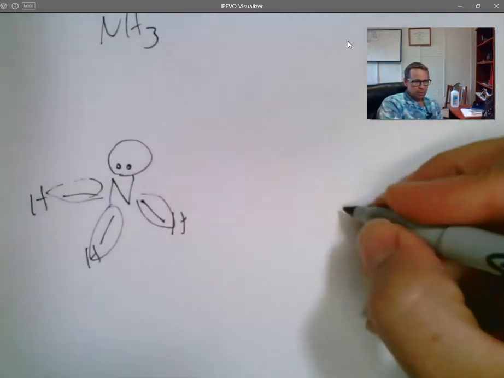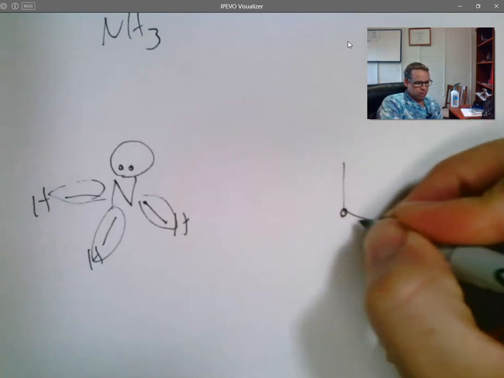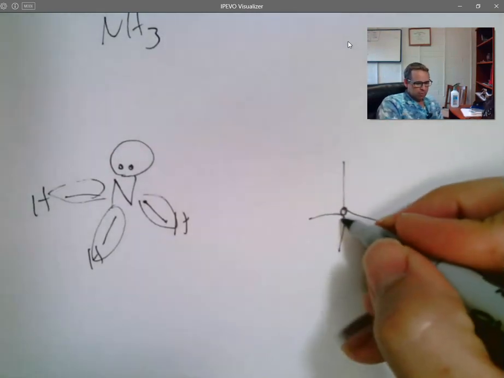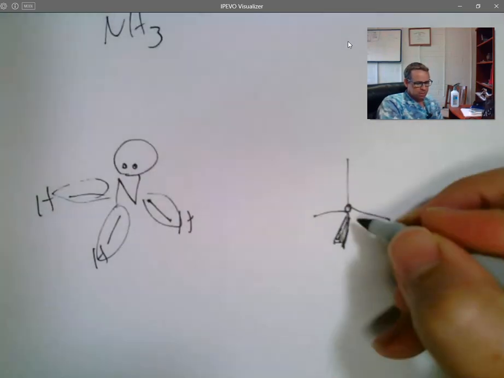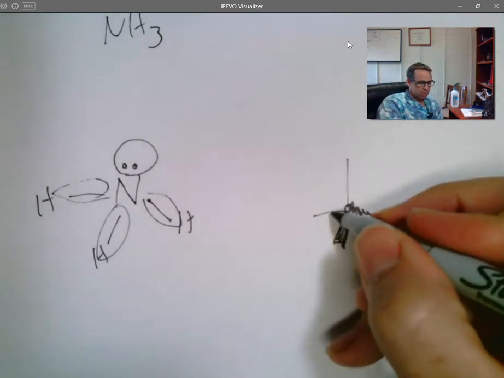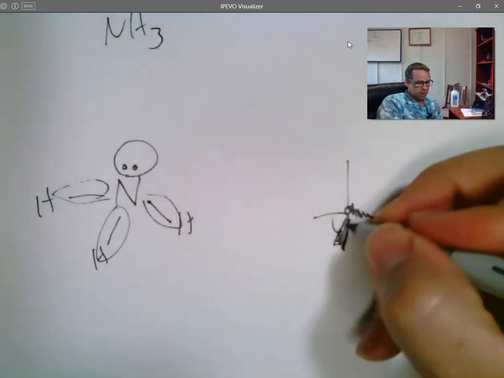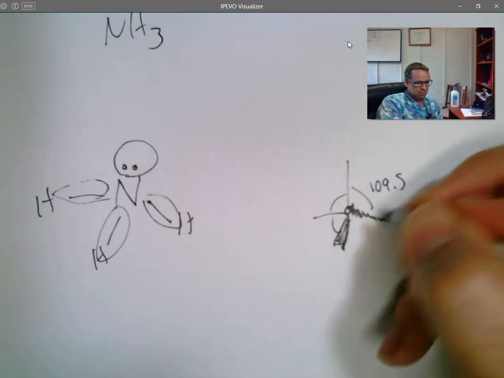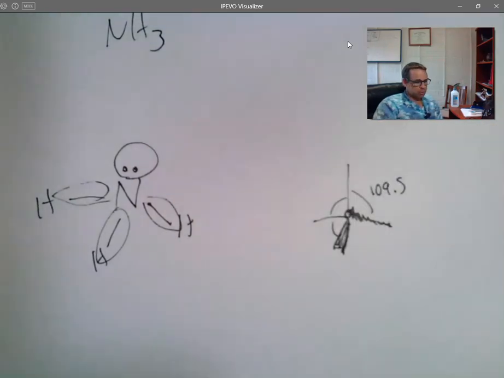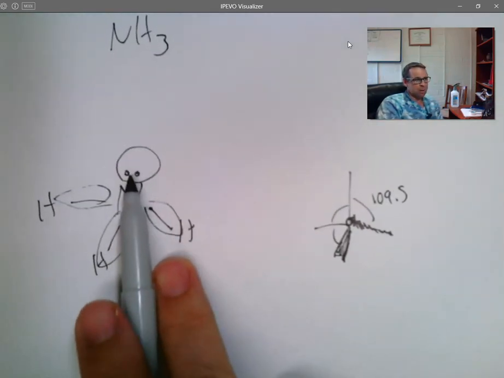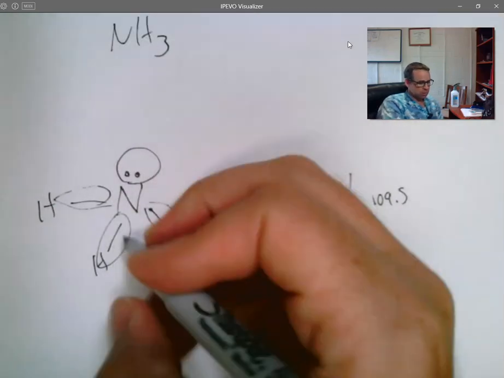So 4 regions of electron density around the central atom. Now, it might be hard for you to see this, right? I'll draw this like it's getting bigger as it's coming towards you, and this one here like it's getting smaller as it goes away. But just like the CH4, the angles on these bonds is 109.5 because there's 4 regions of electron density. Even though one of them is not bonding, still 4 regions of electron density.